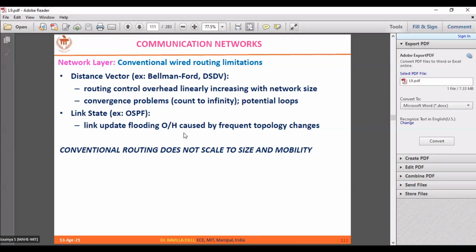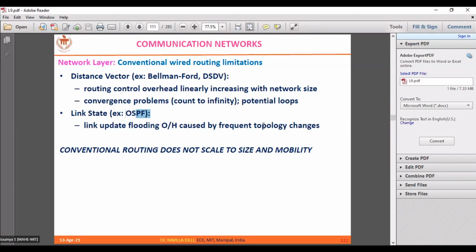And then link state routing is used in a protocol known as OSPF, called Open Shortest Path First. This is one of the protocols that is currently in use in our networks of today. In this case, the link updation is done by flooding, and there is the overhead caused by frequent topology changes.